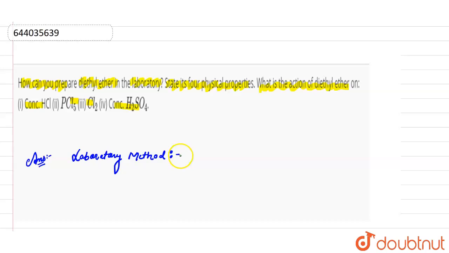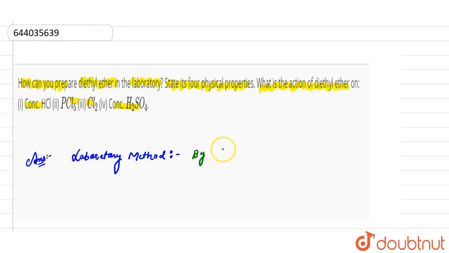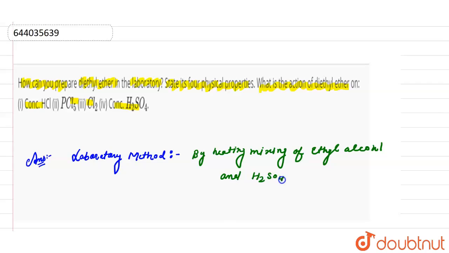In the laboratory, by heating a mixture of ethyl alcohol and sulfuric acid, we get the product, that is diethyl ether. Diethyl ether is C2H5OC2H5.